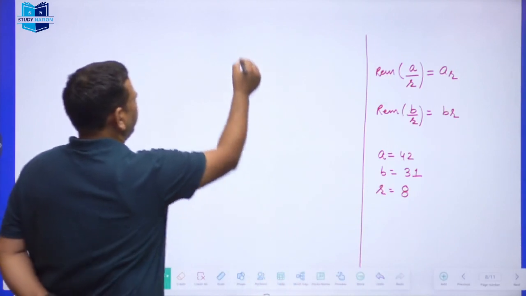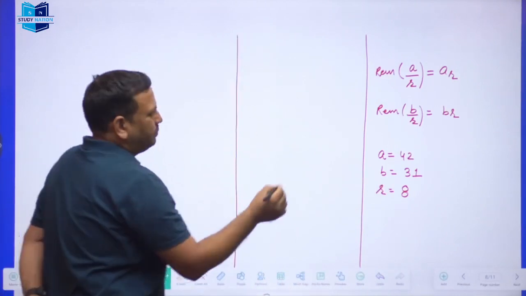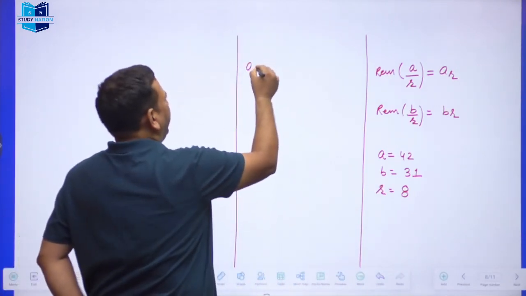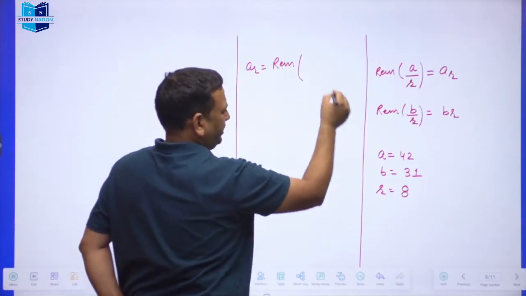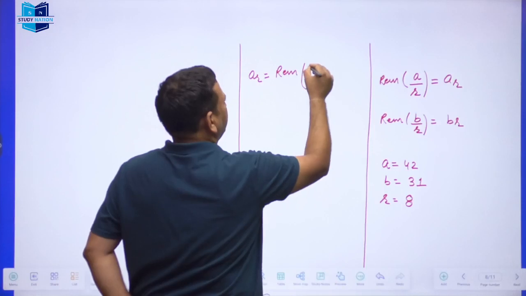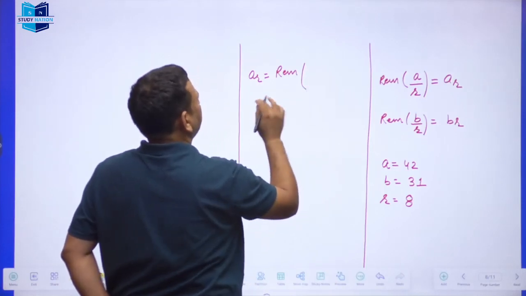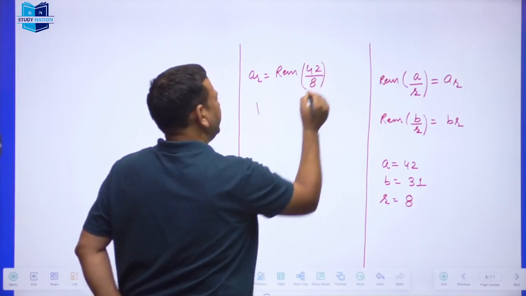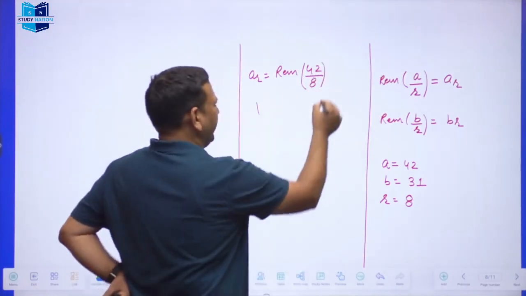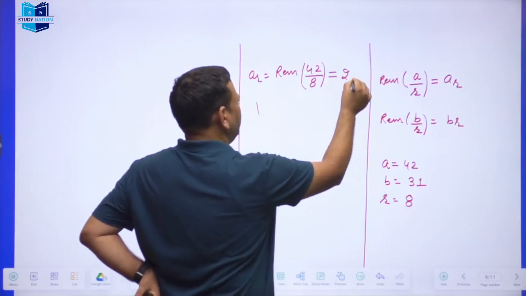So what we are going to get first: ar would be the remainder when 42 is divided by 8. If 42 is divided by 8, the remainder would be 2.